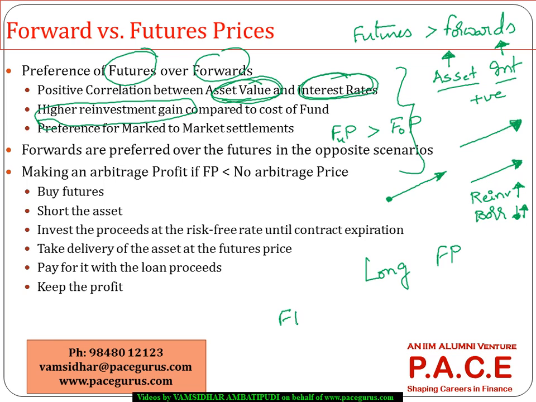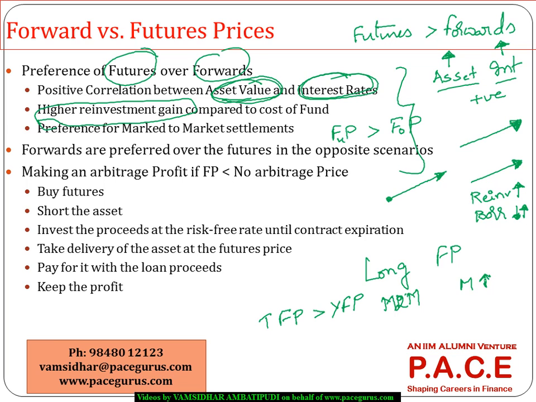If the asset prices are going up, then today's futures price will be greater than yesterday's futures price, which for a long is a benefit. Based on the mark to market settlement, my margin account will go up.